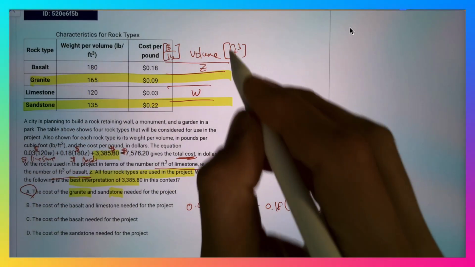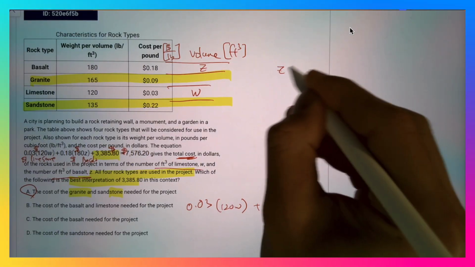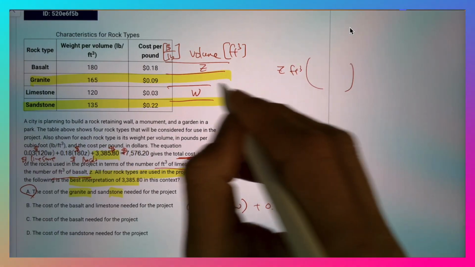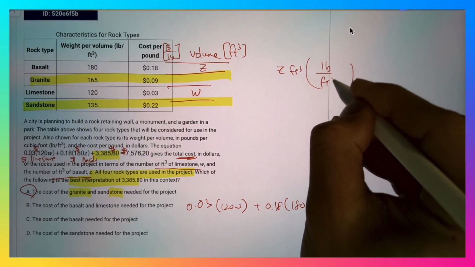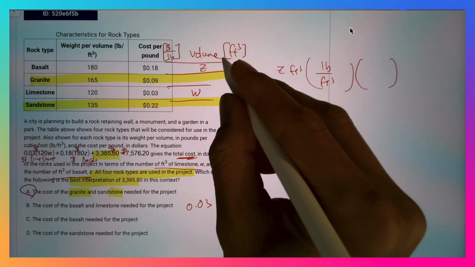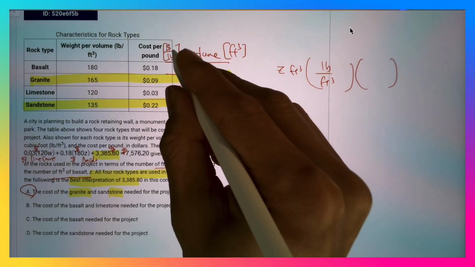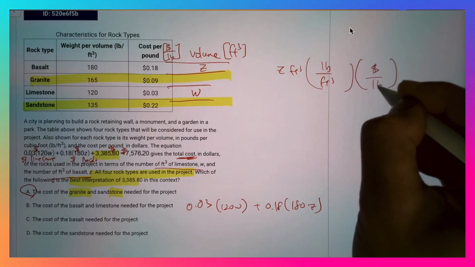So when you start with a cubic foot for basalt, we can write Z cubic foot, and then multiply that with weight per volume, pound per cubic foot, and then multiply that with dollar per pound.